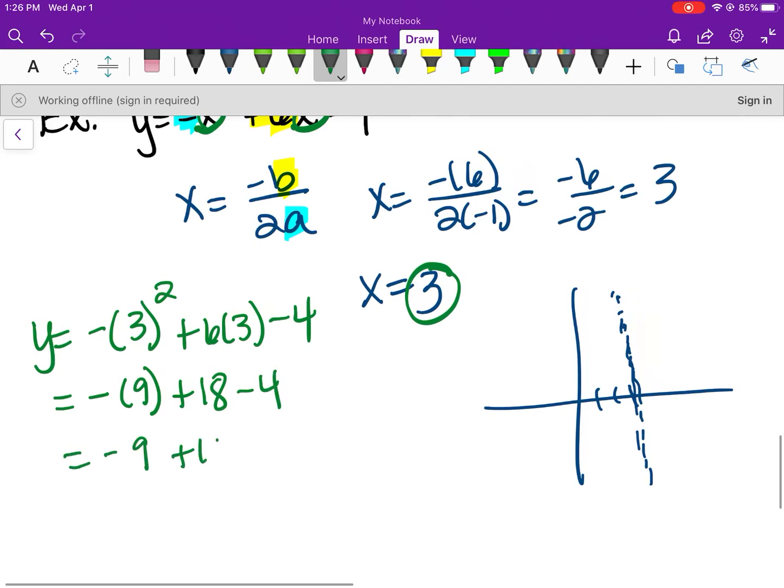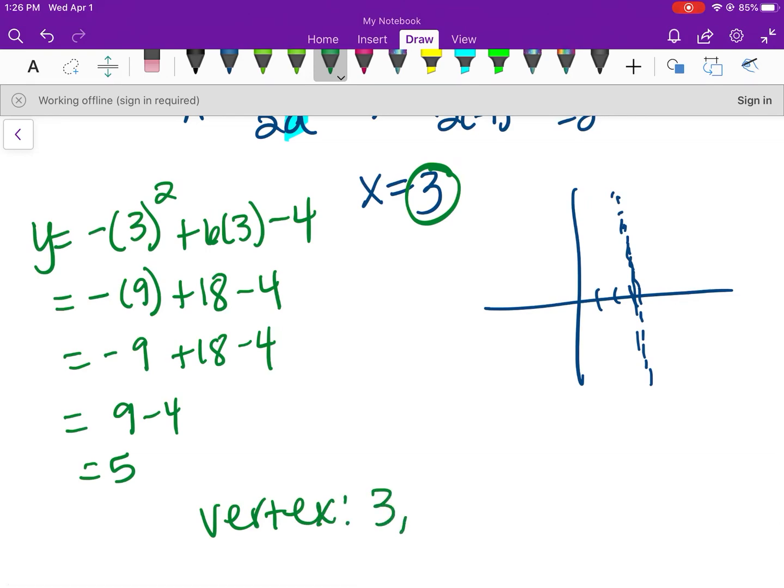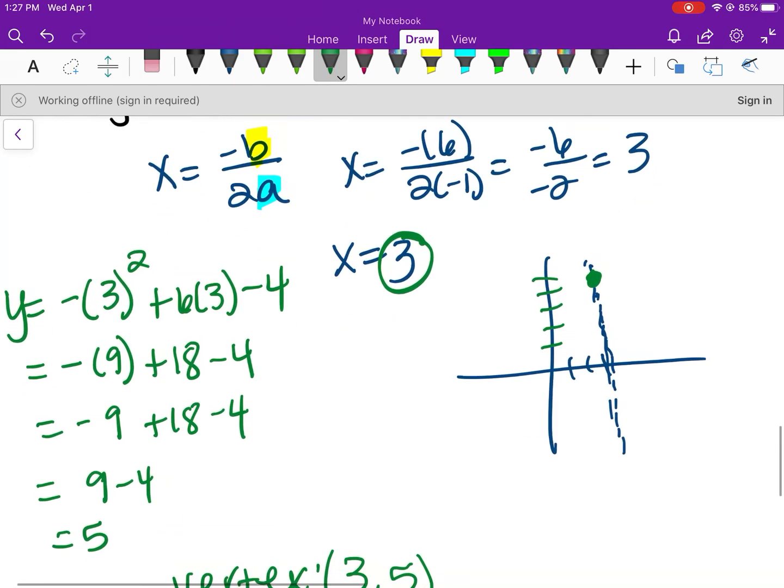Negative 9 plus 18 is 9, minus 4 is 5. So the vertex is (3, 5), right there. And we notice that the coefficient of x squared is negative, so we know that it's going to open down like this.